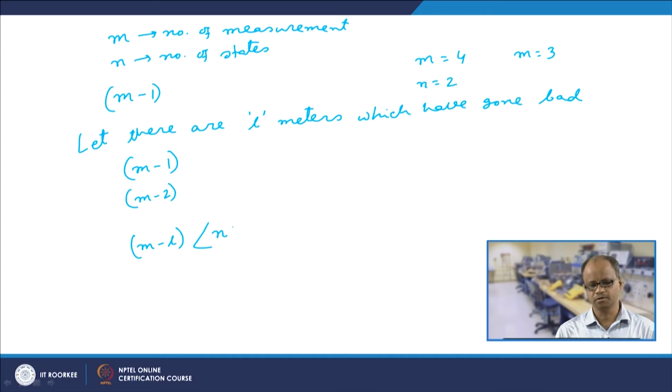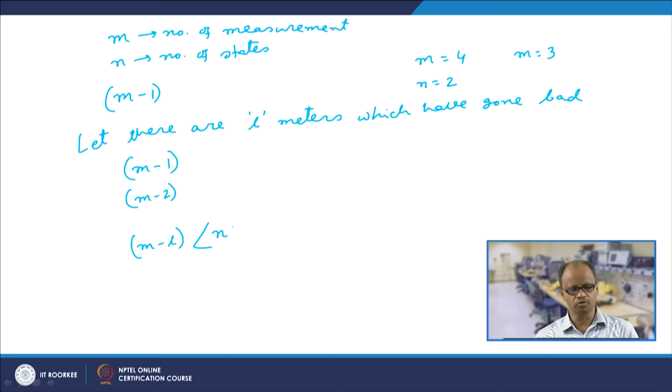to be estimated. So, to take into account the possibility of the existence of bad data, we usually take the number of measurements to be reasonably large as compared to the number of states to be estimated.